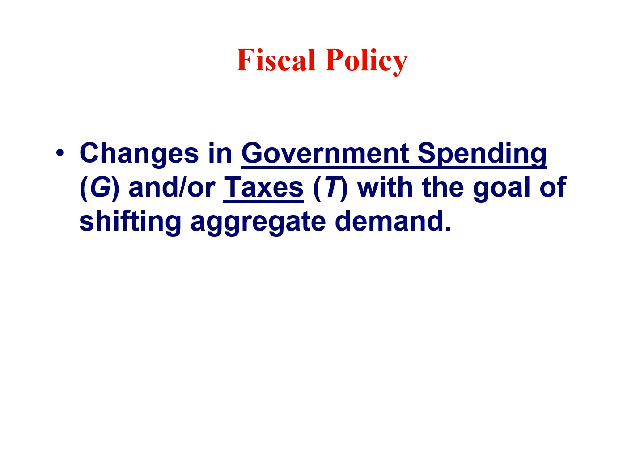Now, the last part of the definition is extremely important as well. When we use the term fiscal policy, we are referring to the federal government attempting to influence what's happening in the economy.